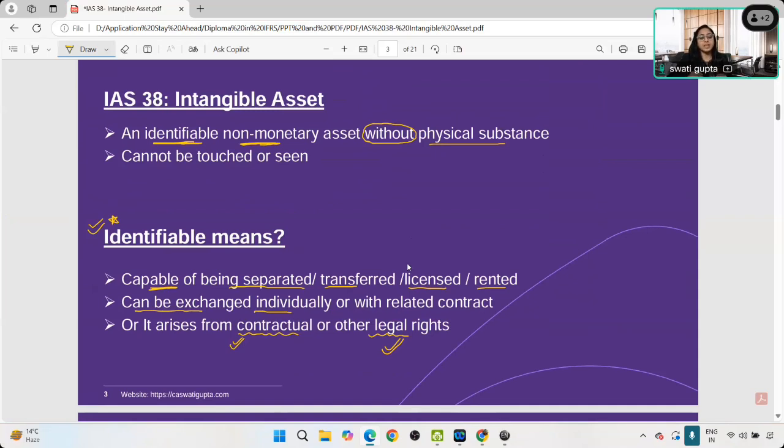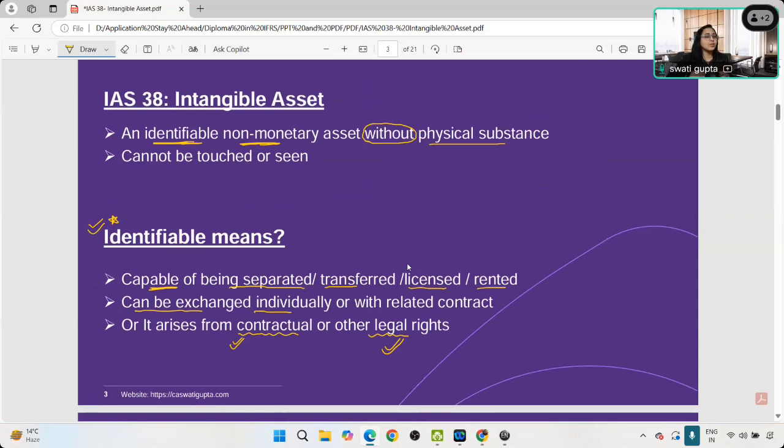Maybe it's a very special technology, and therefore you as a company have got it patented, saying nobody else should copy this for the next 10 or 20 years. Now it might be possible that you want to sell this patent, or you might not want to sell it.